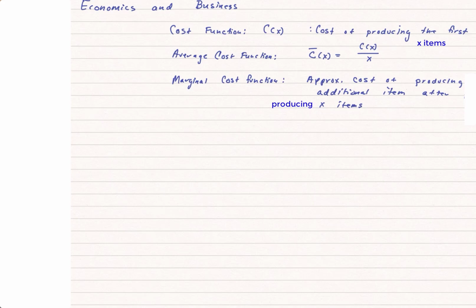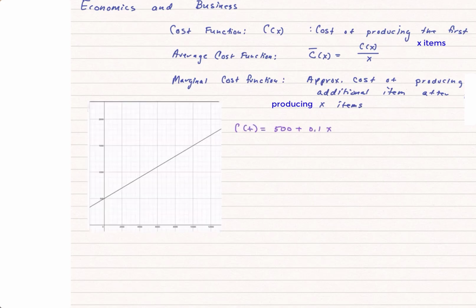Usually cost functions will look something like this. So you can see that to produce anything, I have a startup cost of 500. So my cost function is that initial startup of 500 plus 0.1 times x, where x is the number of items I'm making. You can also think of that 0.1 as the unit cost.